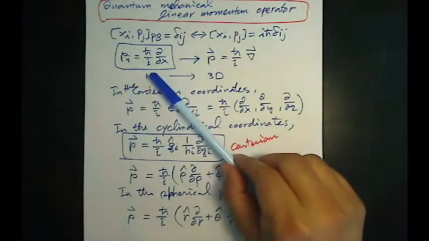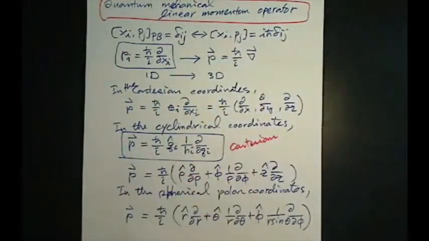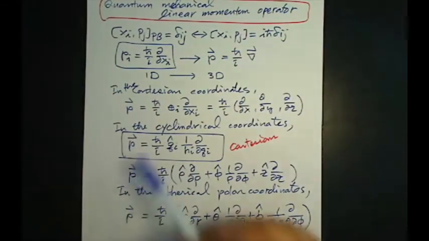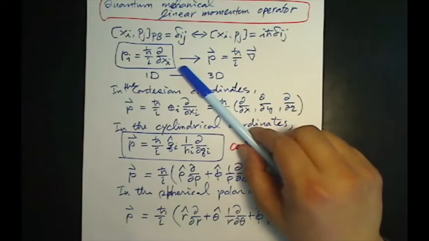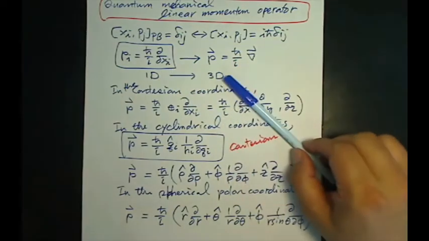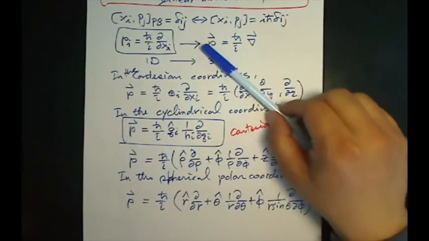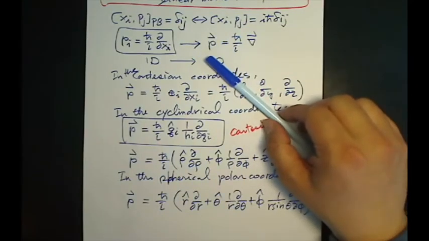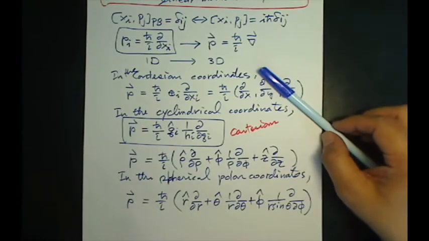We notice that the momentum operator in the configuration space is h bar over i derivative with respect to the corresponding coordinate. It can be extended to the three-dimensional case, where we find that the momentum operator is h bar over i del operator.